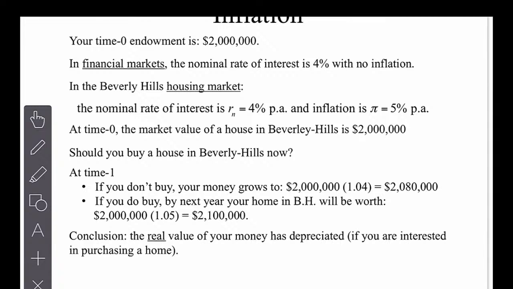That doesn't even exist right now, but if you don't buy, your money grows at 4%. So you put it in some sort of guaranteed investment for a year, and it will grow to $2,080,000. But if you were to buy the house, at a changing value of 5%, it would be worth $2,100,000.